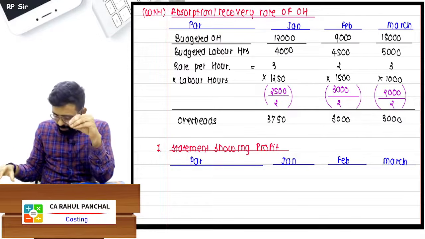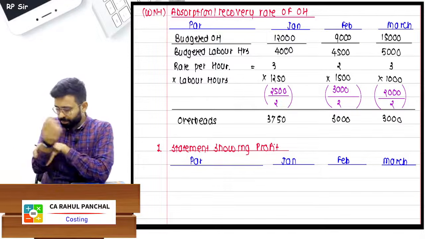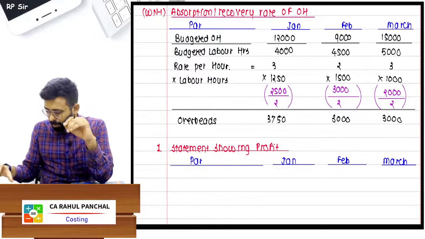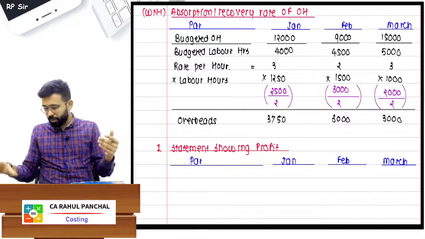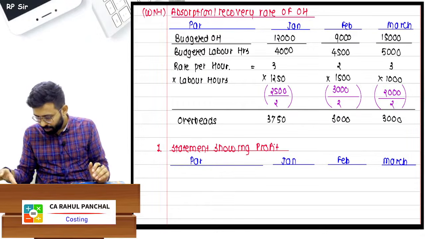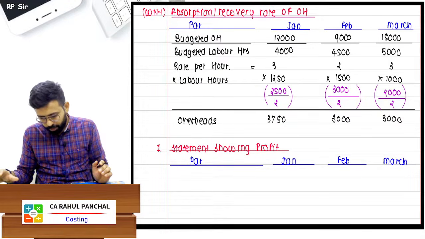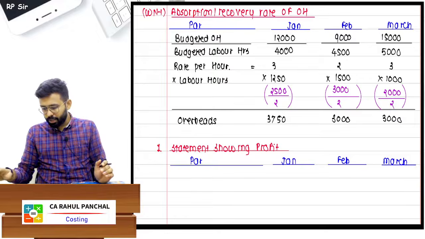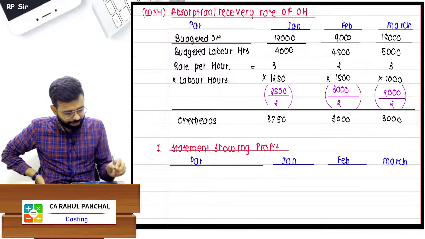So in this case, your profit here, you made this column. So I can here say that Jan, Feb and March. Here we can say that first you need to calculate the sales value.